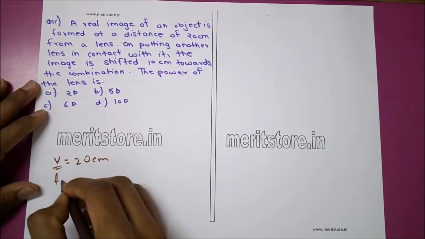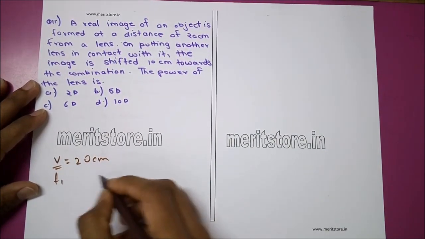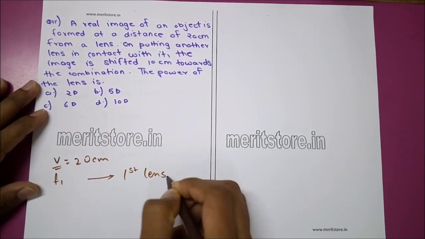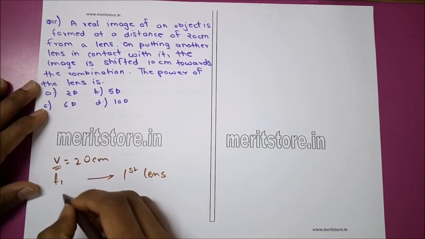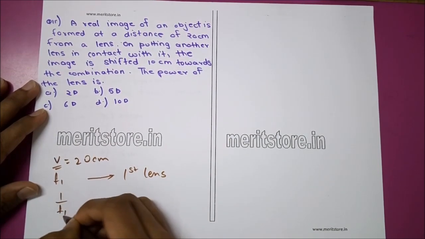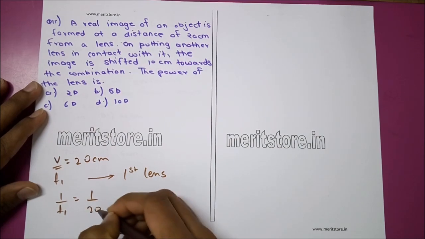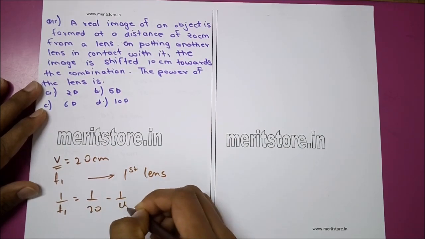Let us consider f1 is the focal length for this first lens. Now for the first lens, applying the lens formula, 1 upon f1 is equal to 1 upon 20 minus 1 upon u.